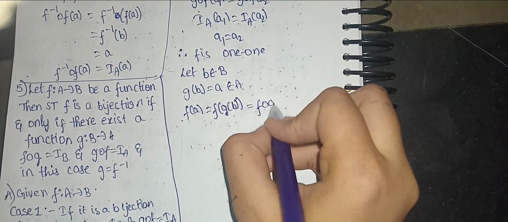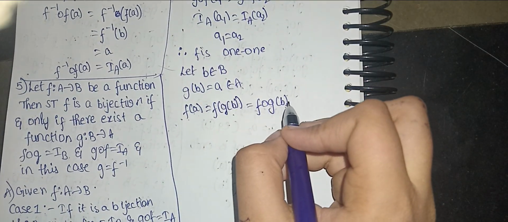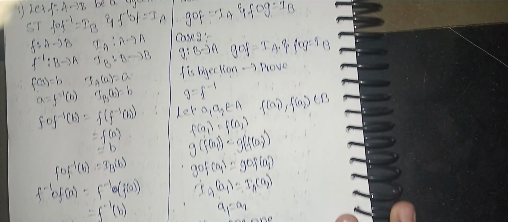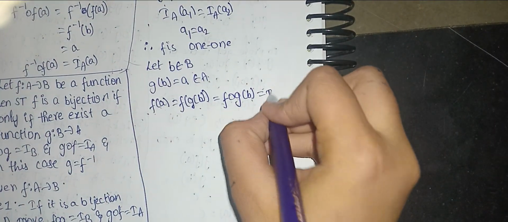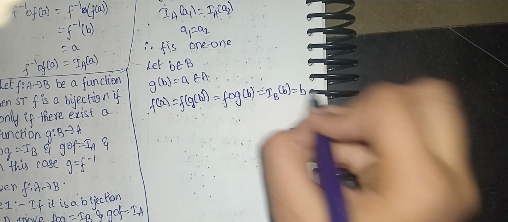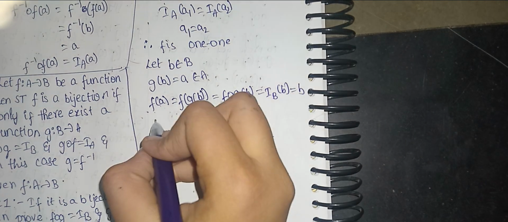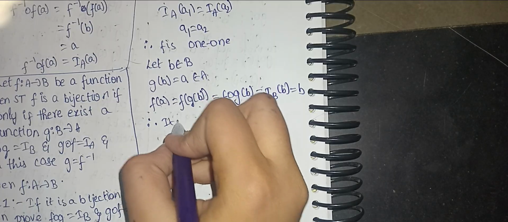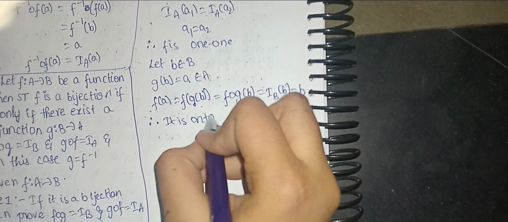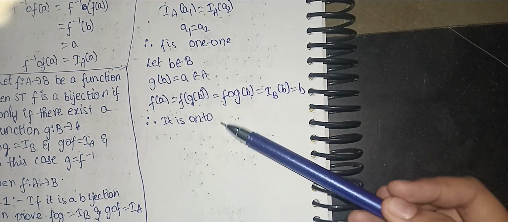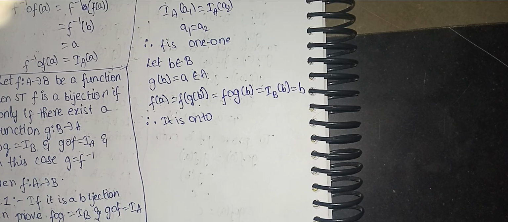Next, F circle G of B. What is F circle G? IB. We'll put IB of B. It is equal to B. Therefore, it is onto. If it is 1-1 and onto, it is bijection.